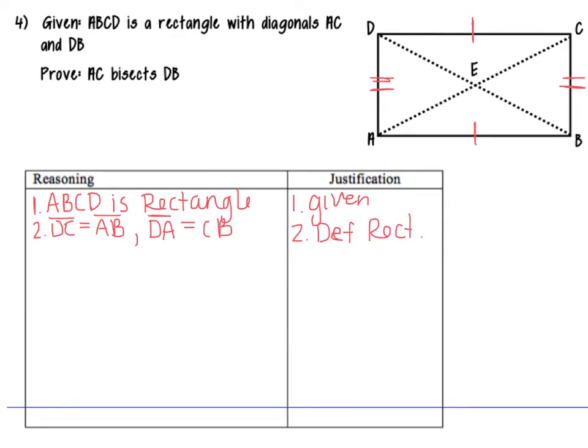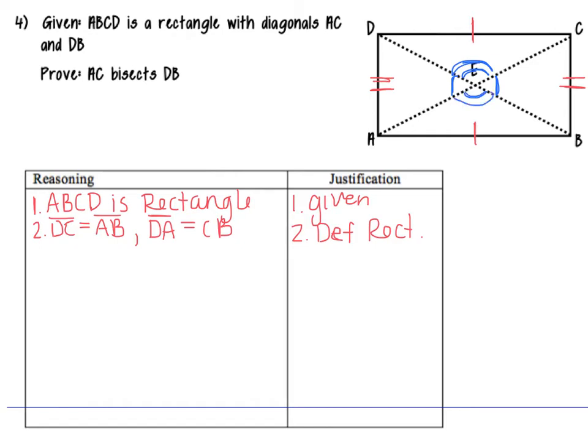All right, so now I need to look at what else I can prove. Well, let's see. I can also prove that this angle is congruent to this angle, and that this angle is congruent to that angle.